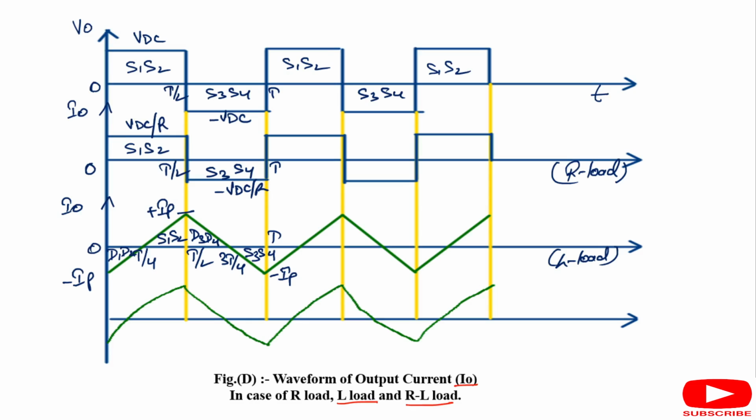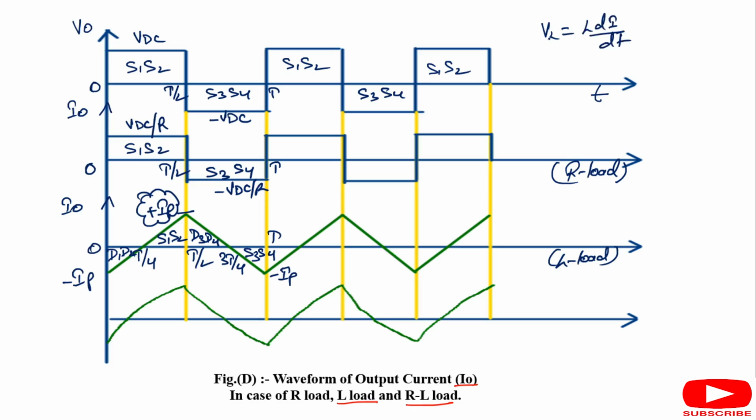Okay. Now the important question is how can we calculate the value of peak current? We know that the voltage appearing across the inductor is VL equals L dI by dt.